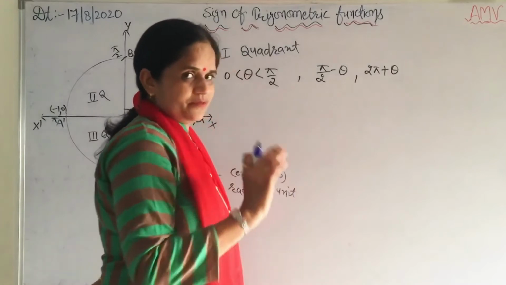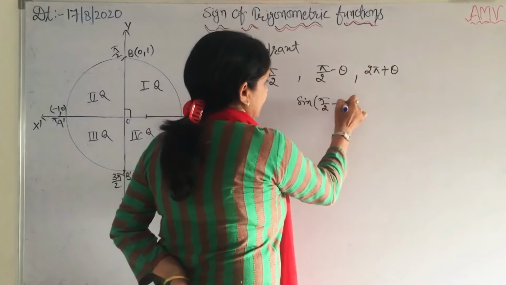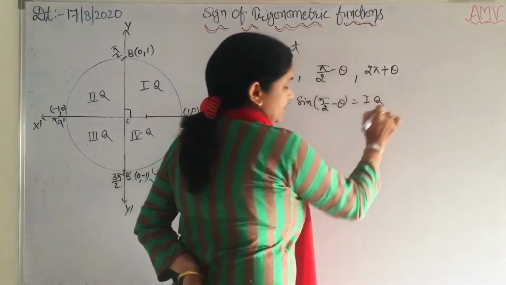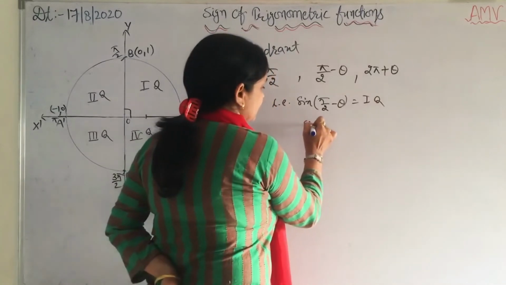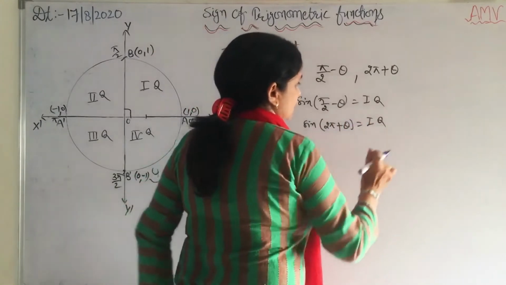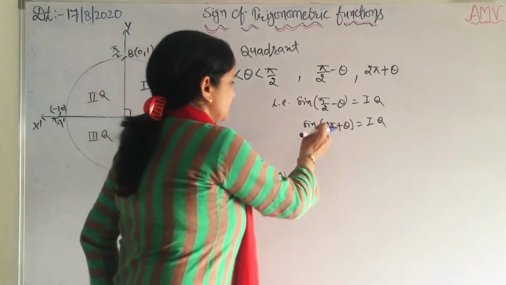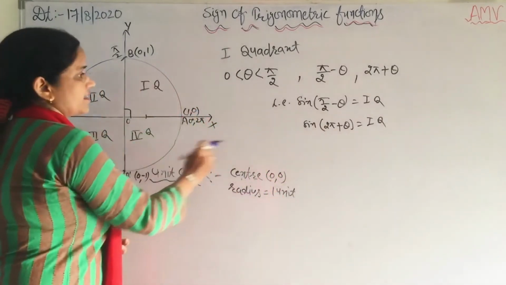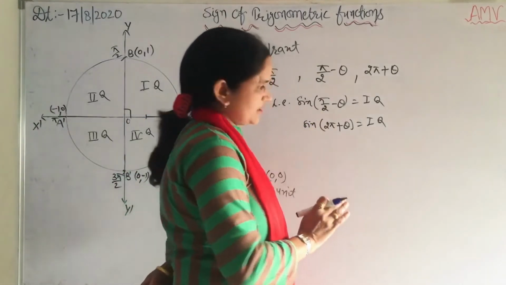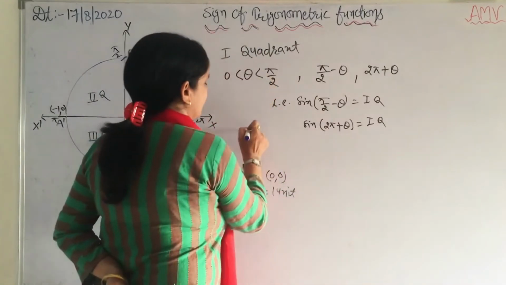If the given angle is sine of pi by 2 minus theta, it means first quadrant. And if it is given sine of 2 pi plus theta, then it's also the first quadrant. Here one revolution means angle 2 pi. There may be other trigonometric functions; it is only an example. So the first quadrant is 0 to pi by 2.